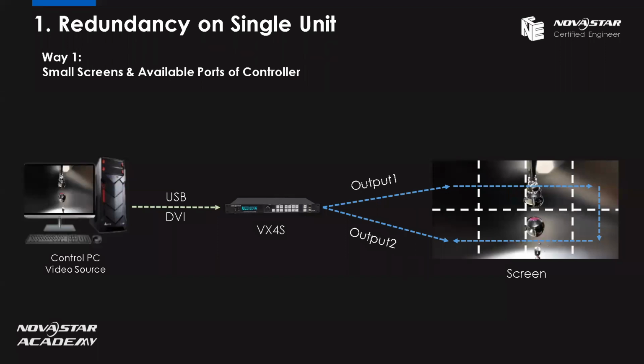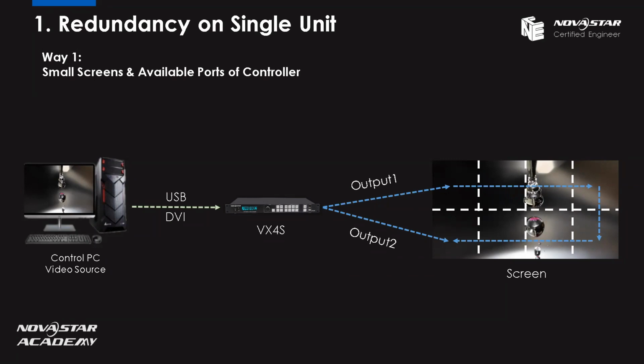So I can use only one output as the main channel to connect these 8 cabinets, considering the loading capacity we talked about in the first class. On the VX4S, there are 4 outputs in total, but I only use one, which means we still have three more ports available. So actually, I can use port 2 to do the redundancy.